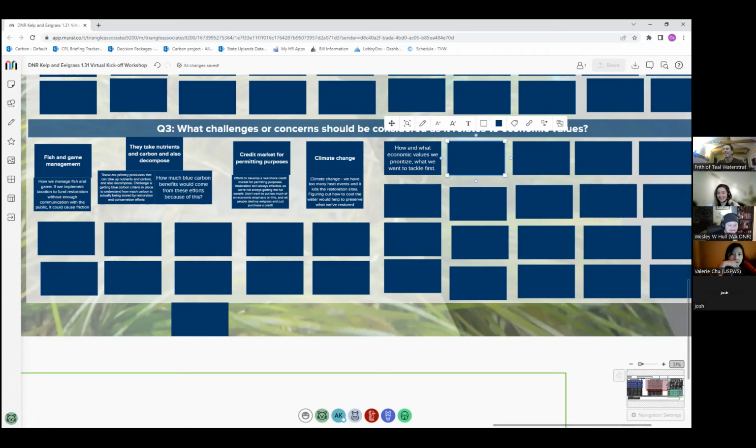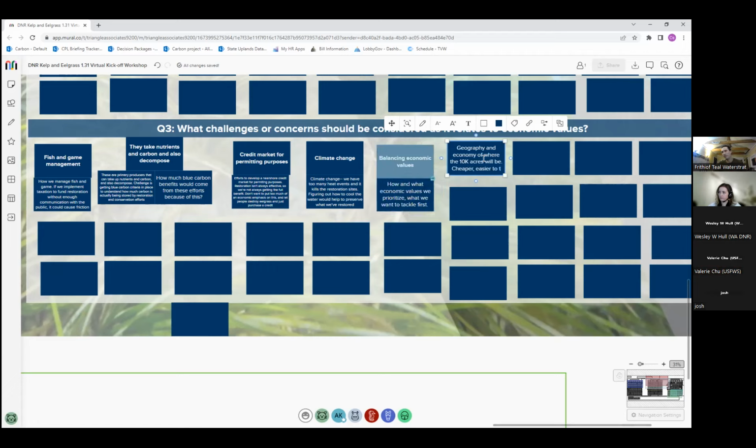Oh, no, no worries. Yeah, I think at the beginning, Max was telling us about 10,000 acres of eelgrass and kelp. And I was curious about the geography and economy of where those will be. Like if it's cheaper and easier to distribute that protection in areas that are more intact and less impacted early on versus those areas that are more expensive to protect and higher impacted, but maybe have more ecological need for restoration.